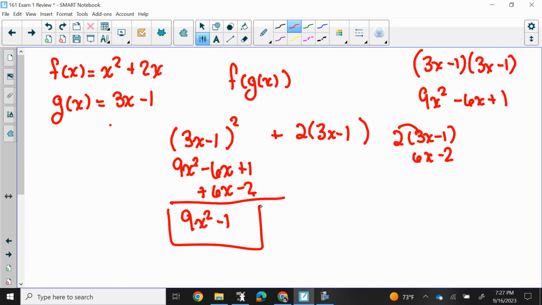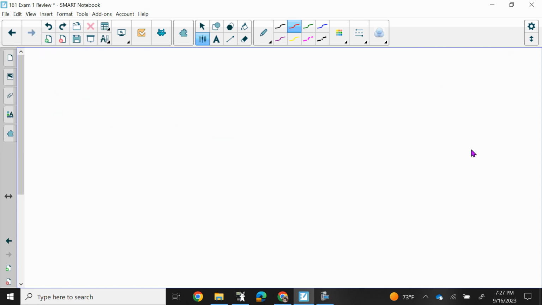Okay, finally, I want to talk about one last one where we're writing the equation of the line perpendicular to another line. So let's say I'm given an equation of a line that's 5x plus 3y equals -4.